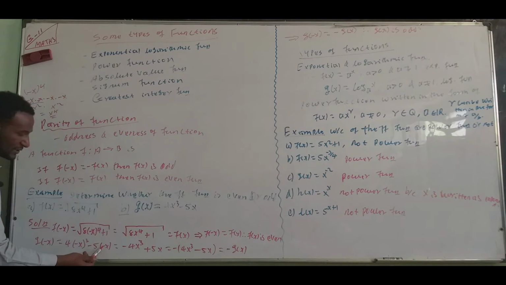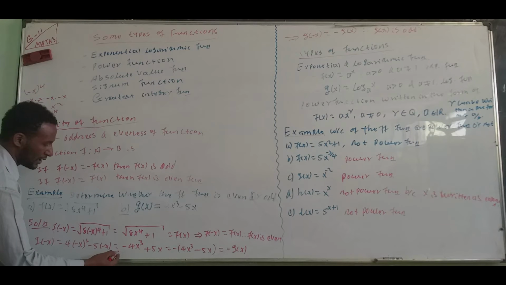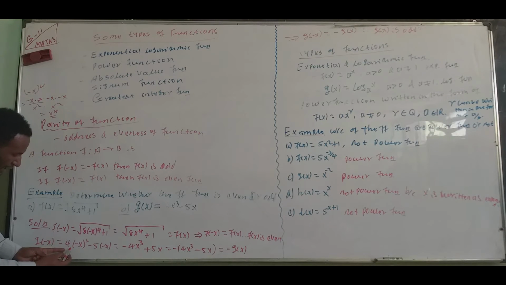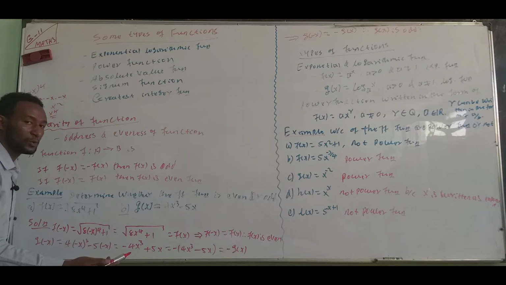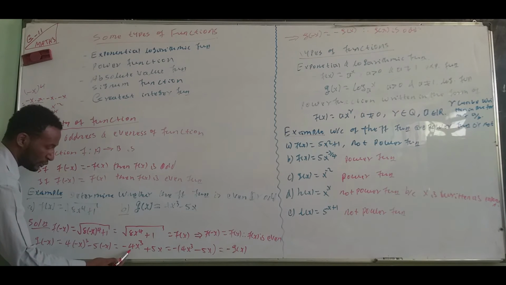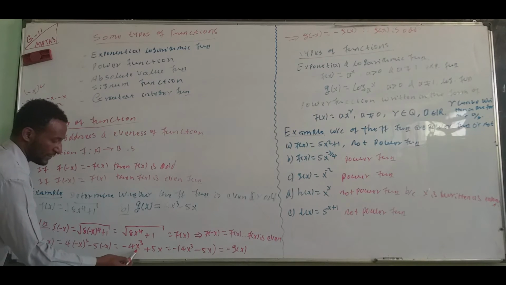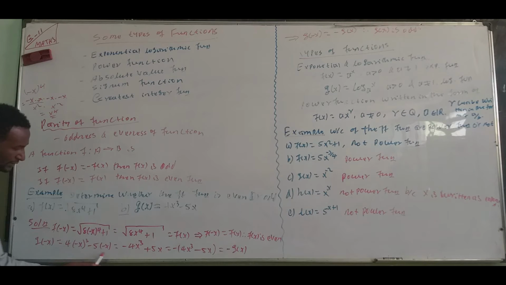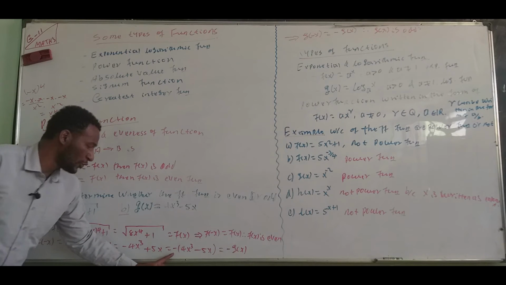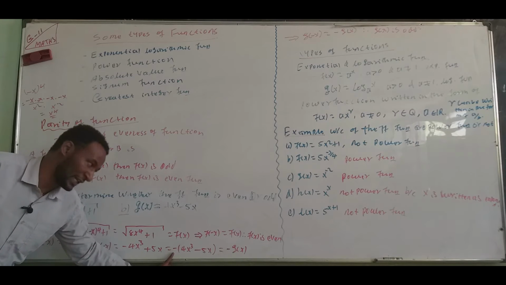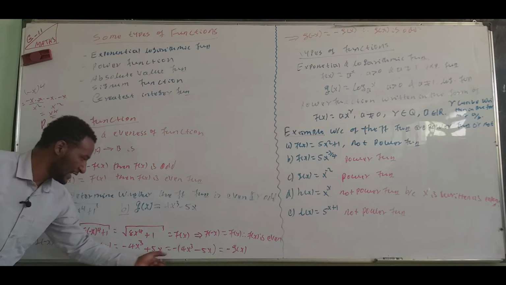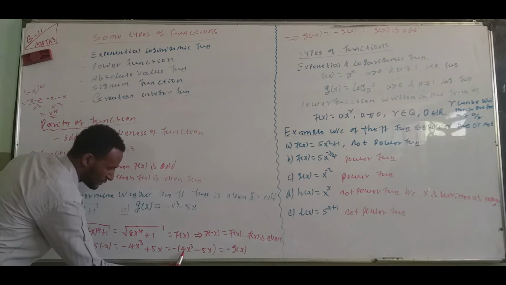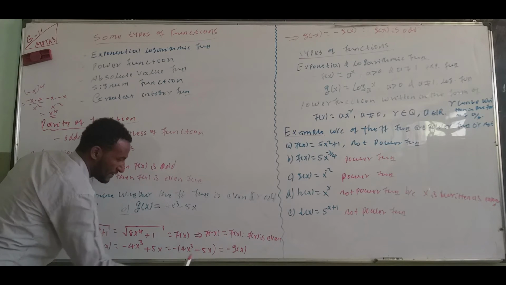Negative x cubed gives negative of x cubed, and 4 times that gives negative of 4 times x cubed. Taking negative x out as a common factor, we get negative x times (4x minus 4x cubed minus 5x).